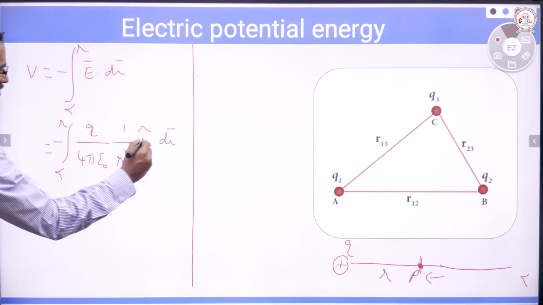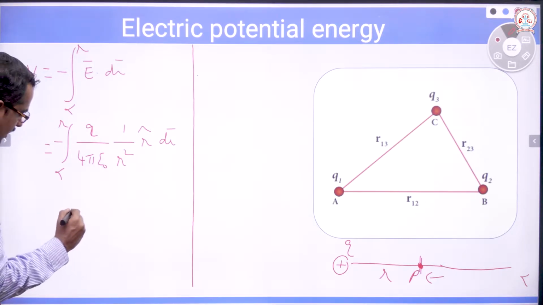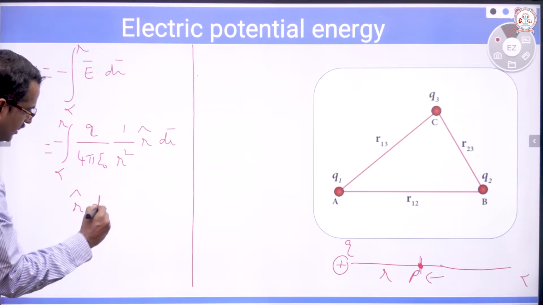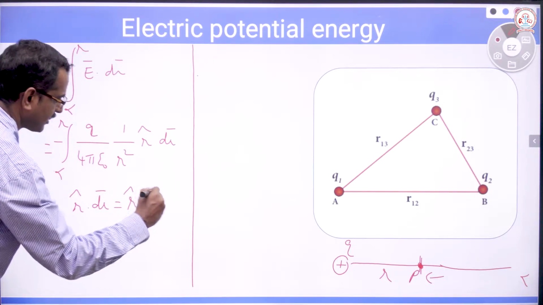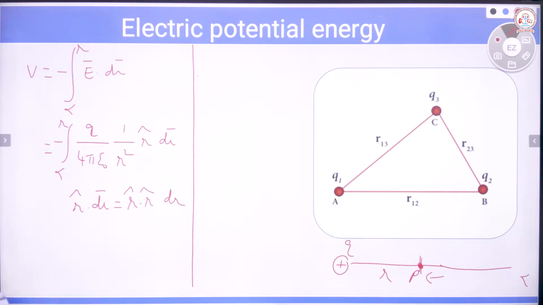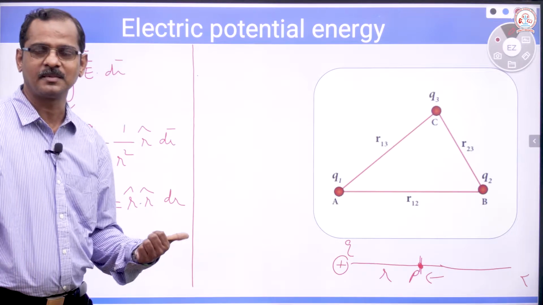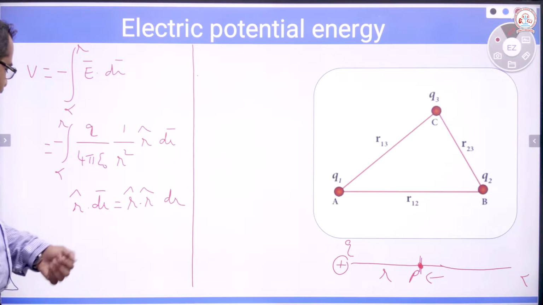This R cap dot dr vector can be written as R cap dot R cap into dr, where R cap dot R cap is 1, whereas R cap cross R cap is 0.